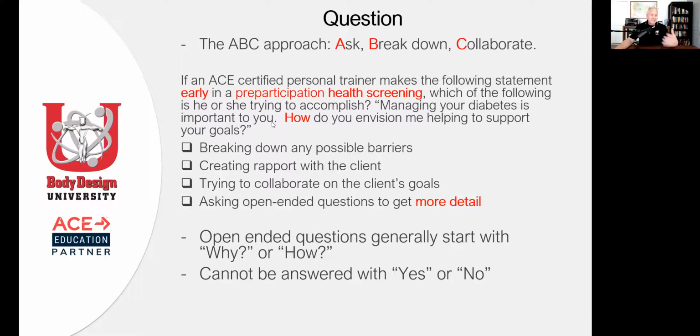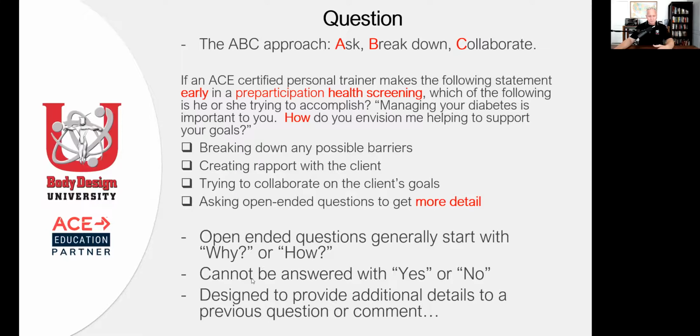That's where you're trying to get details. You haven't even started dealing with goals yet. We're just starting the process of talking about the goals, looking to break down any barriers so that ultimately I can collaborate on those goals that we've decided on.